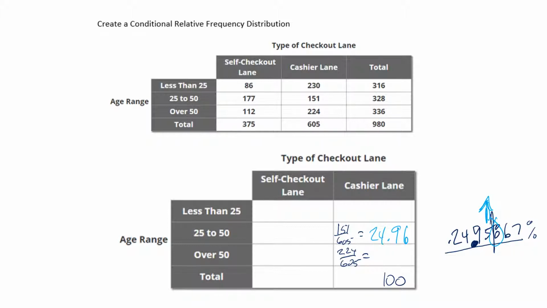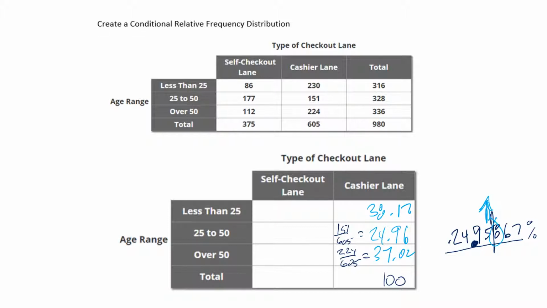Likewise, if I go 224 divided by 605, and let me do that again, I didn't enter it correctly in my calculator. 37.02. And our original, the less than 25 range, was 38.12.